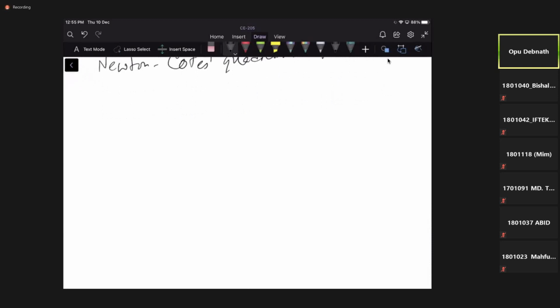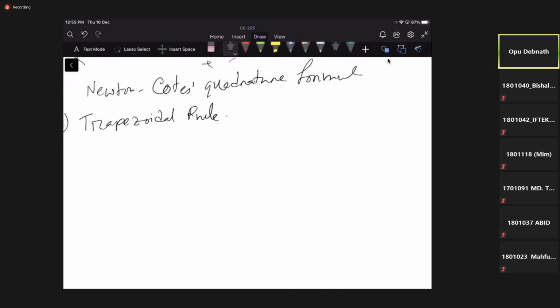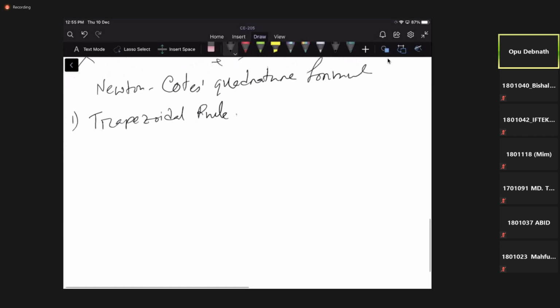The first method we will cover is the trapezoidal rule, and then we will also cover the Simpson 1/3 rule, Simpson 3/8 rule, and Weddle's rule. All of these four start from the Newton Cotes quadrature formula.